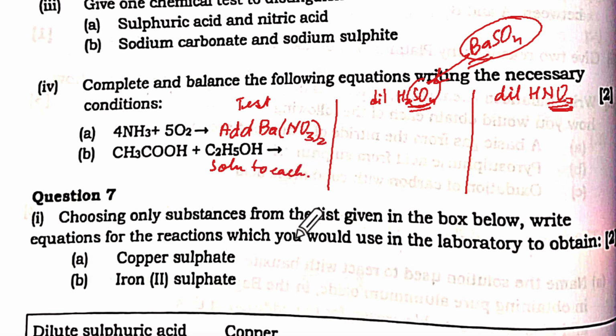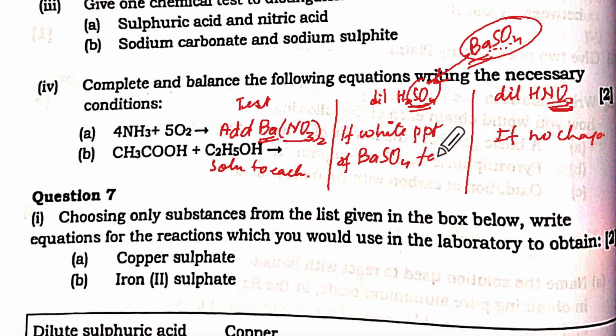Understood how to go with this? So Ba will take SO4, it will form BaSO4, this Ba nitrate and this also nitrate. So here what you'll say, if no change, does it make sense to you? Yes, ma'am. So here what you'll say, if white PPT of what?